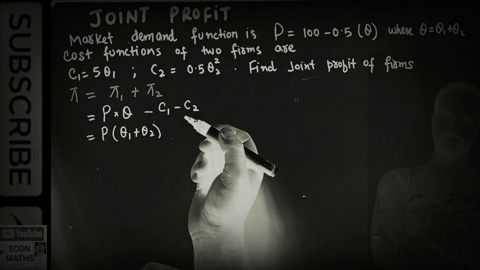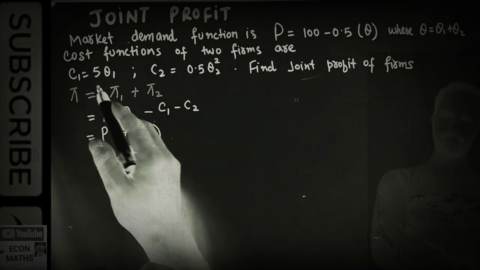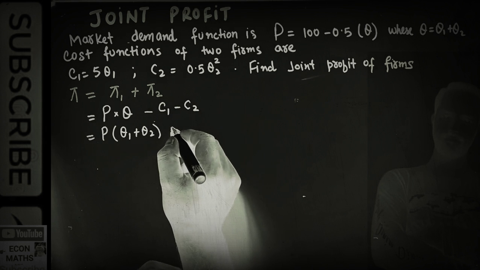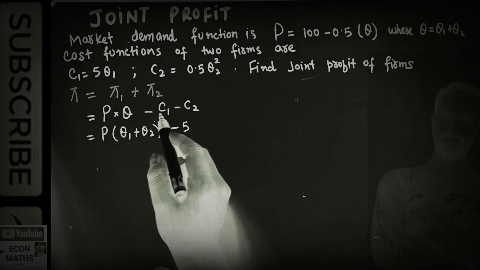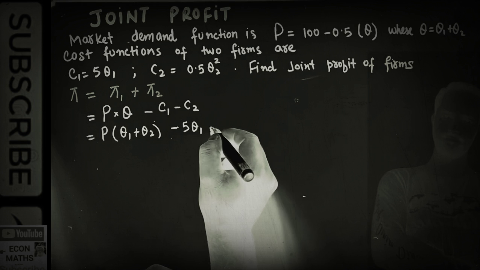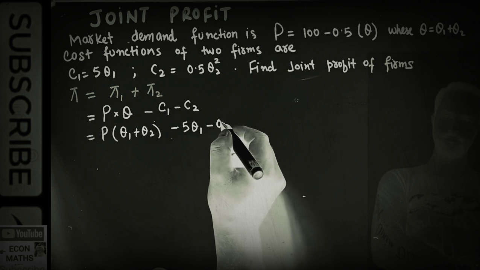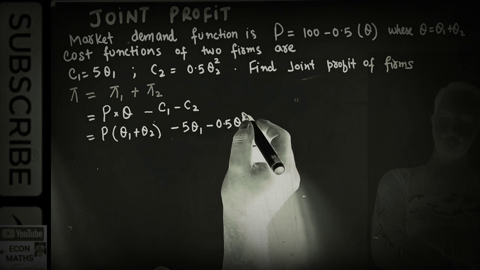Also we know that cost functions are given to us as minus 5 Q1, then we have minus 0.5 Q2 square. Simple thing.